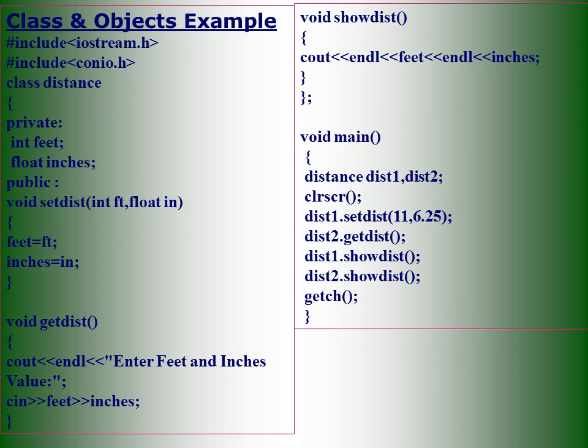See, this is another simple program for using classes and objects. The same type of program. You just see the window: hash include iostream.h, conio.h. Here is the class Distance, and we use feet and inches, declared as variables under private, and we have the functions set distance and get distance. We use the functions, the distance is calculated and shown, and all of this can be referred to and called by using the objects.